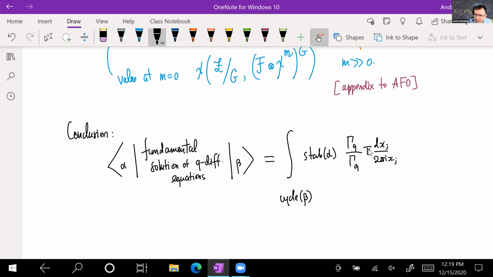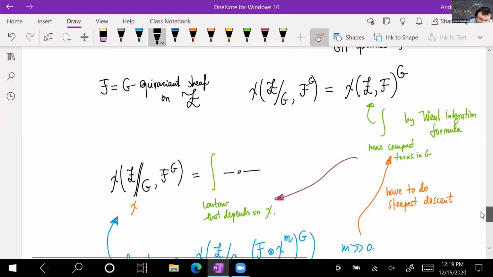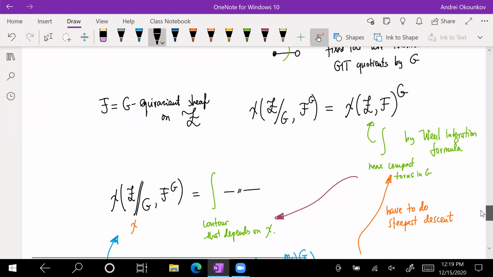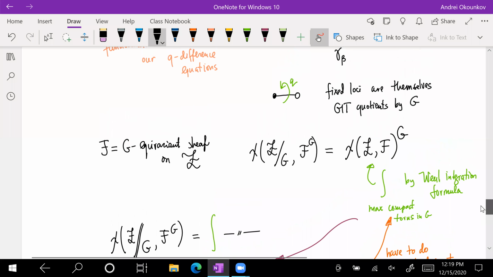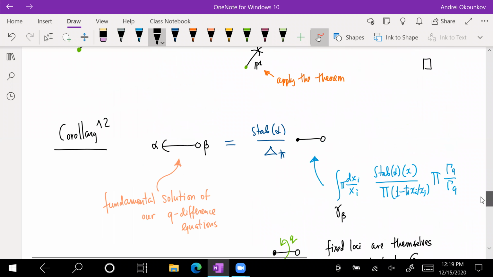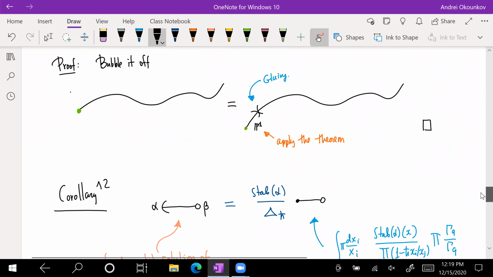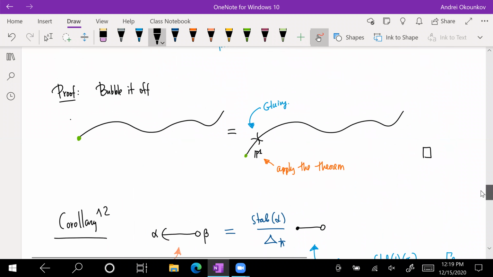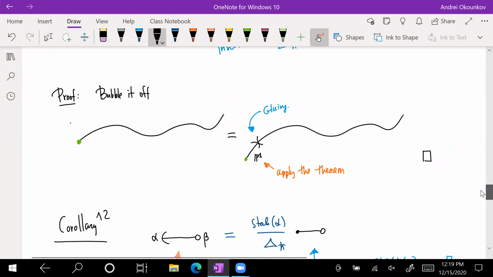Okay. Sorry, can you go back a little bit? Sure. Like how far back? A bit more, to the previous theorem. In the proof, you say apply the theorem. Apply which theorem?